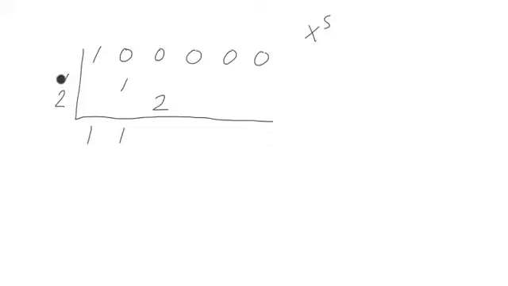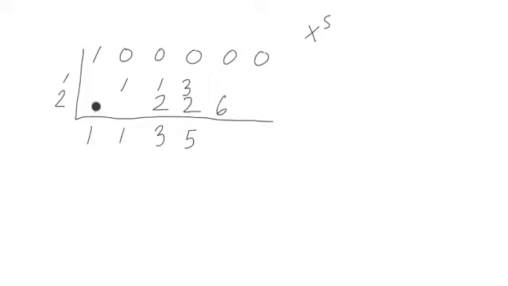1 times this one, we put here. 1 times that 2, we put there. Then we add 3. Then 3 times that one is right there. 3 times that 2 is right there. Then we add 5.